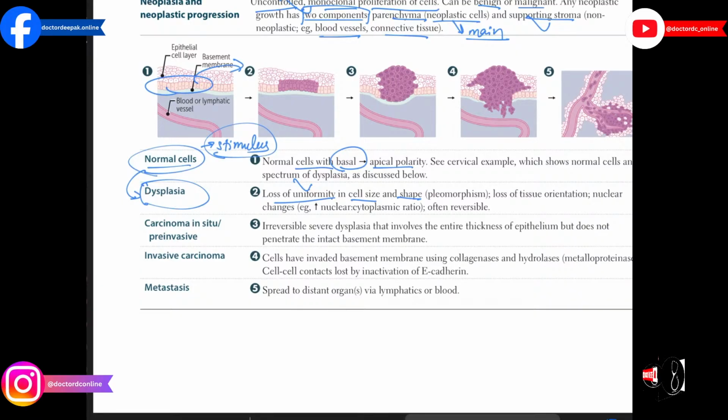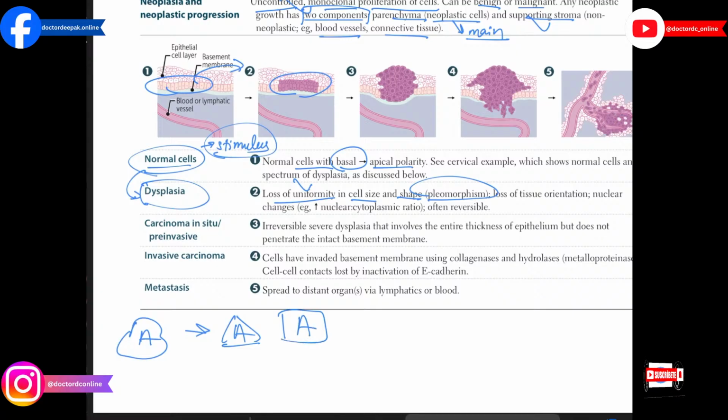The cell size and shape increase, and this is called pleomorphism. Pleomorphism means multiple forms of morphology within the same species and the same cell. For example, one cell, after dysplasia, looks like this, like this, like this; the cell is the same, but under a different condition it takes different shapes.